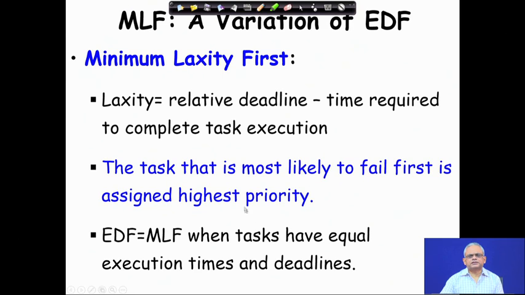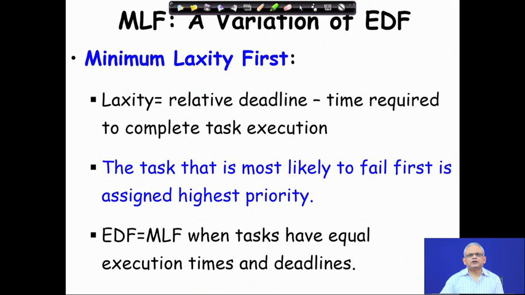There are some variations, actually many variations, of EDF. One important variation is called minimum laxity first. In EDF, we look at only the deadline, how much time is remaining, but we do not consider how much execution time is required before the deadline.